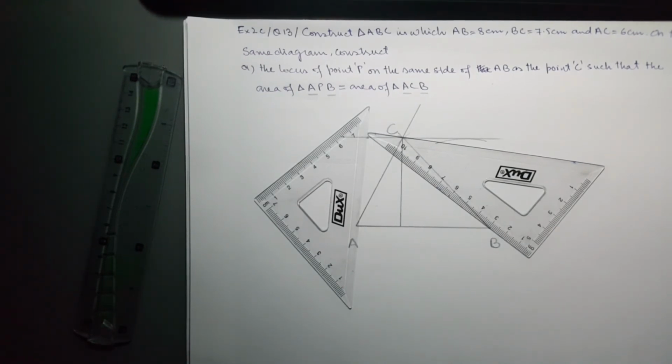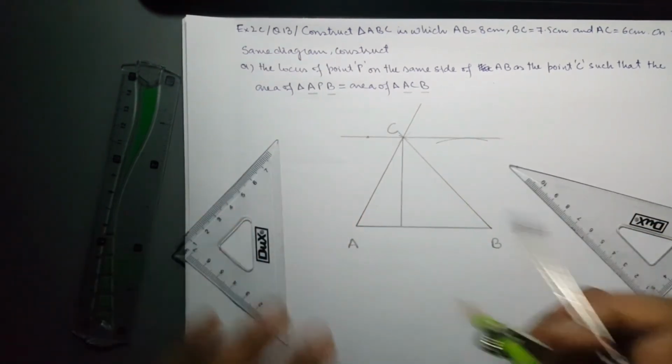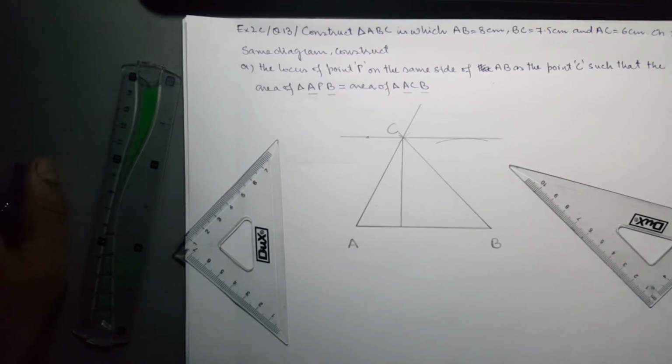So the area of APB is equal to the area of ACB. For area of APB equal to ACB, the point P should move on this parallel line. It's all about this chapter.